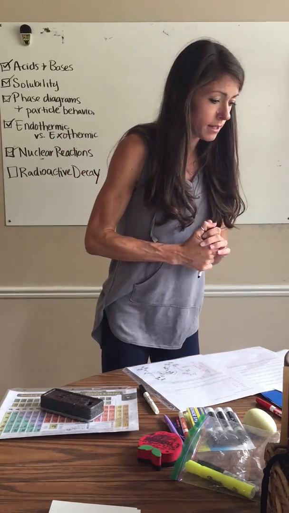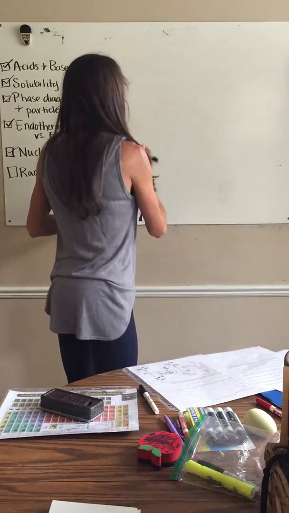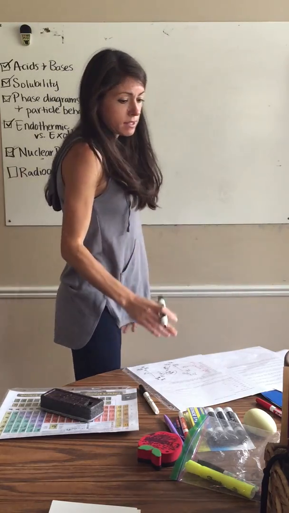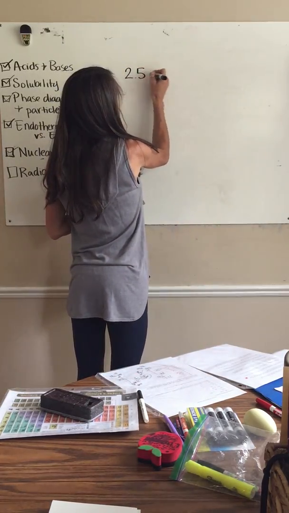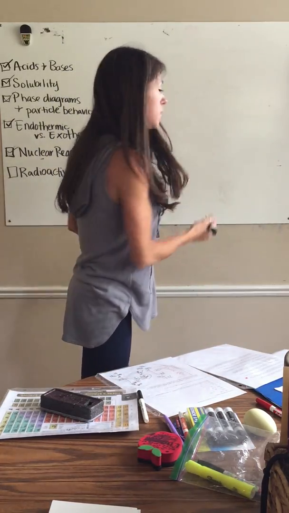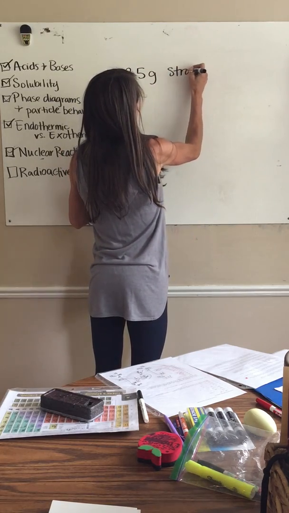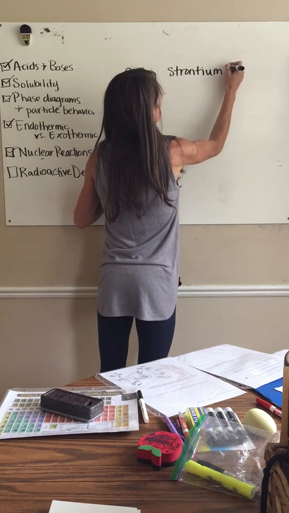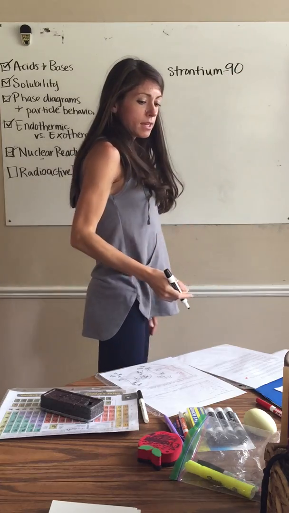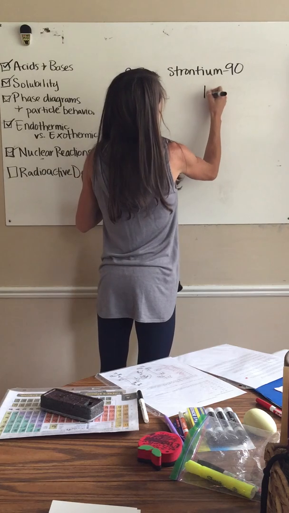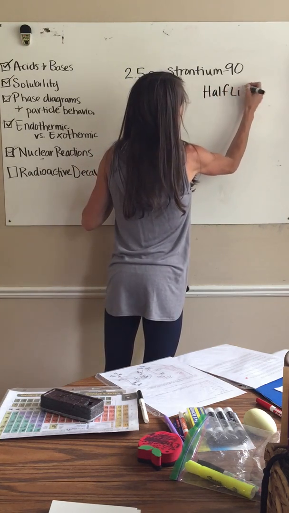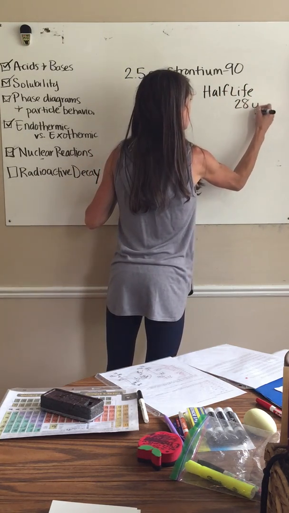Now, let's say you have a 2.5 gram sample of strontium-90, and its half-life is 28 years.